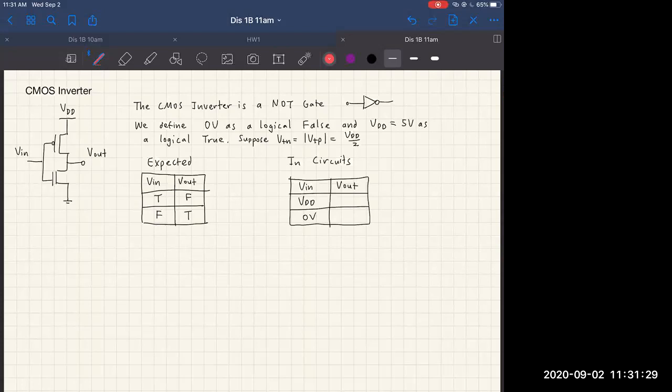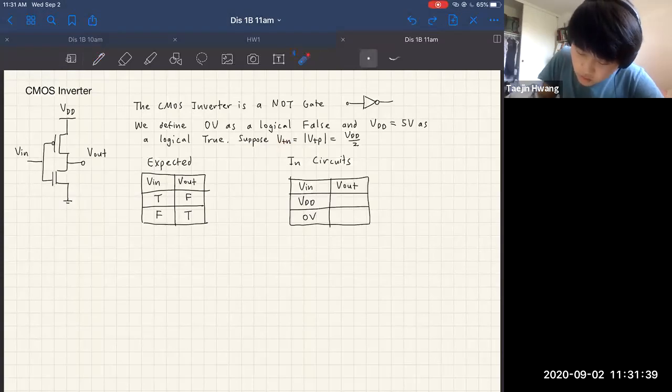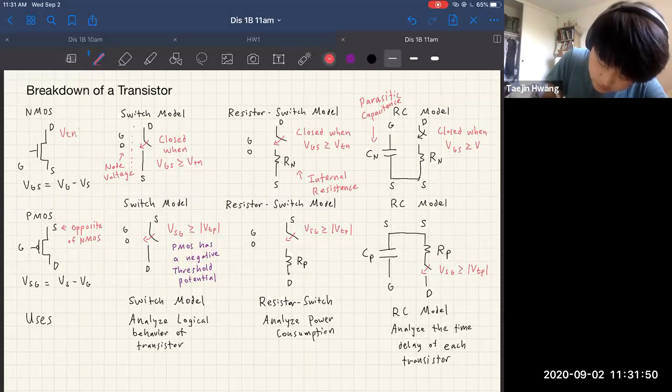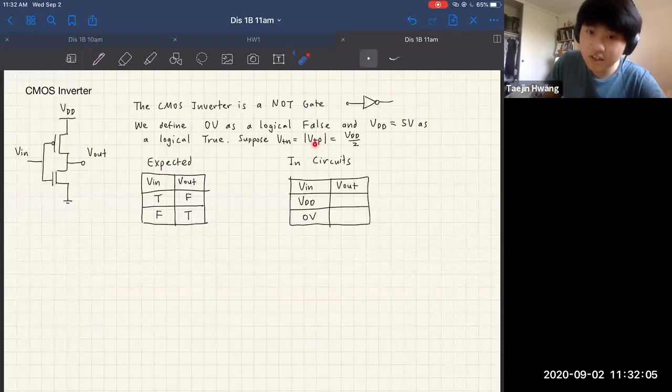Hey, what's that middle term between the two equal signs, like V thresh equals something equals VDD over 2? Sorry if my handwriting's a little unclear here, but normally we define VTN as the NMOS threshold, and we define VTP as the PMOS threshold. You might ask, why did I put absolute value signs around here?